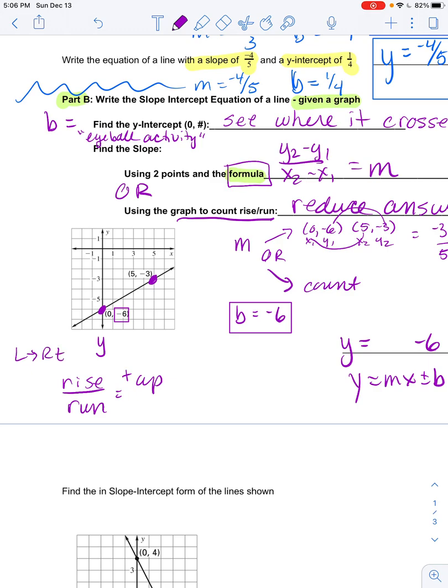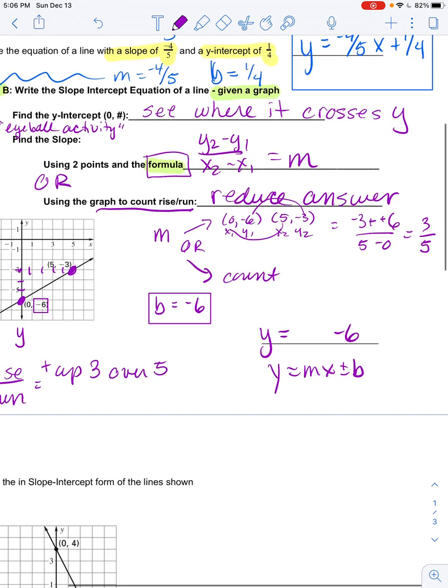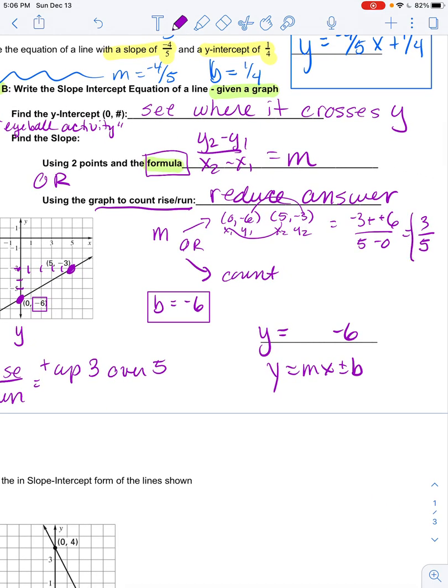just like you would if you were reading, I would have to go up 1, 2, 3. So I'm going up 3, and then I have to go over 1, 2, 3, 4, 5. So up 3 over 5. So here I got a slope of 3/5 by using the formula. Here I got up 3 over 5, which turns into 3/5.